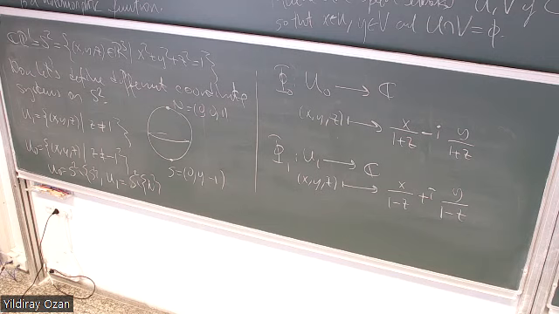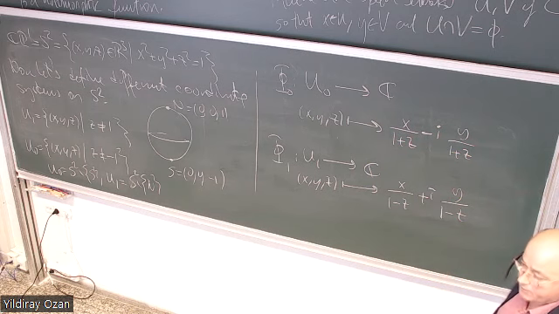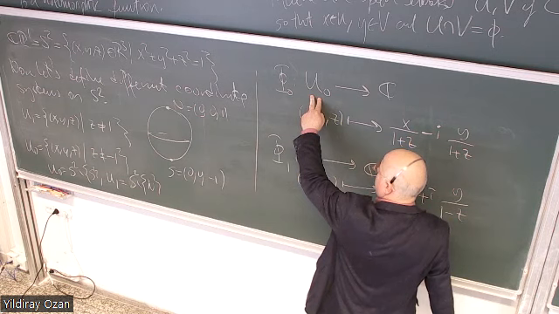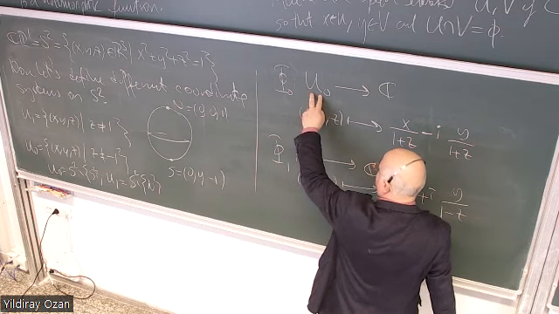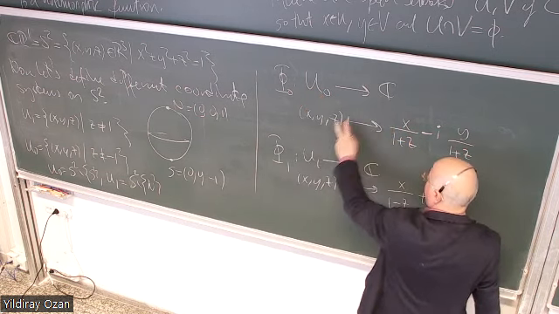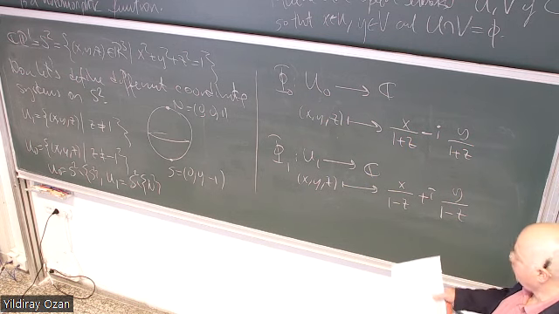You may see that these are homeomorphisms, okay? This is a subset of R3, this is just R2. These are the coordinate functions. They are clearly continuous, both of them, and you can write the inverses of each other.